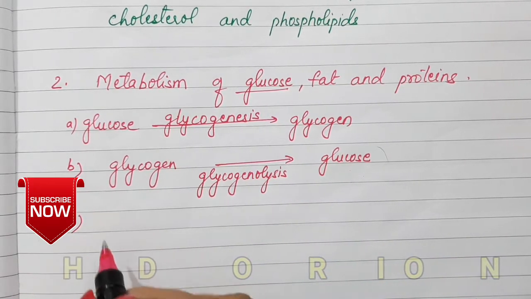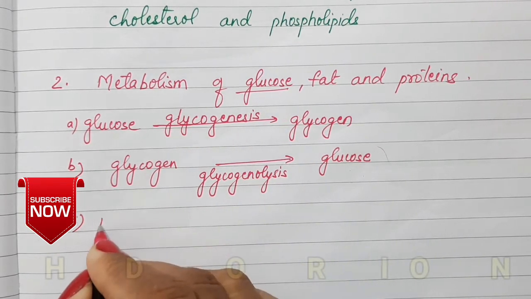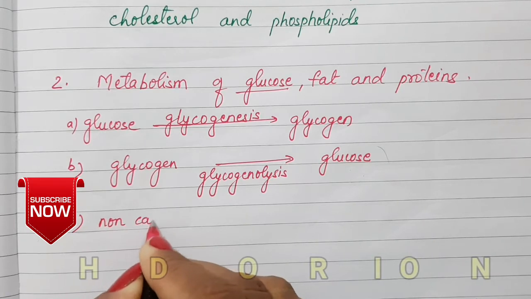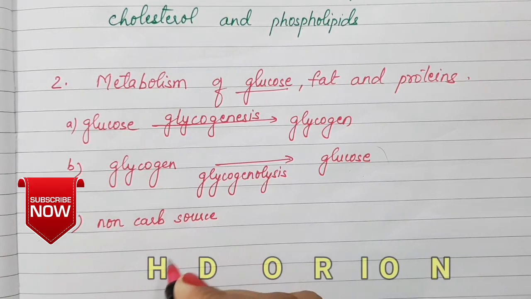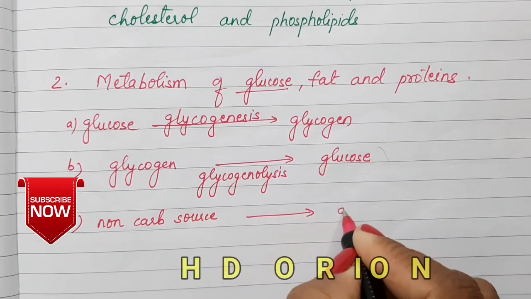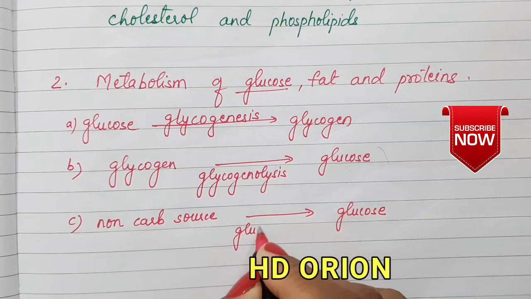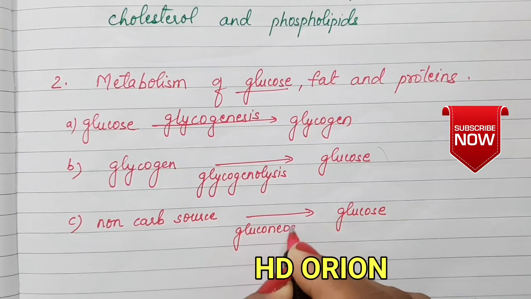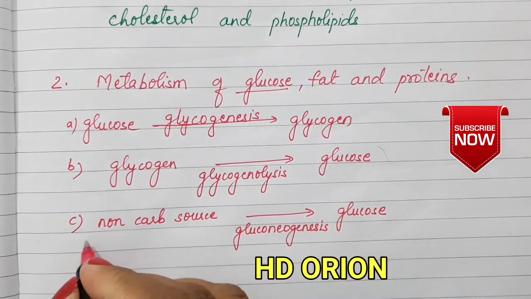The third metabolism of glucose is from the non-carbohydrate sources, that is from fats and proteins. Glucose is synthesized by the process called gluconeogenesis. So what can be the non-carb sources?